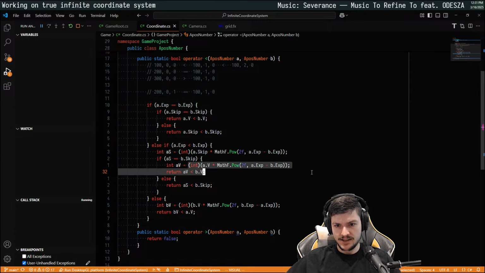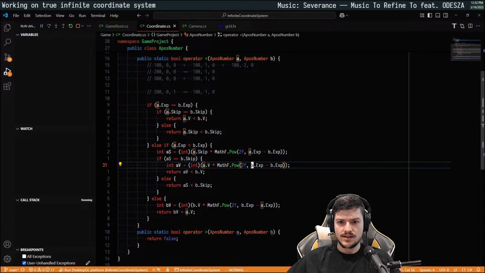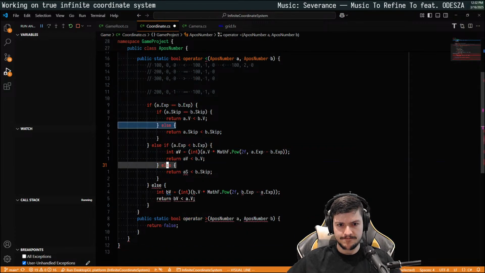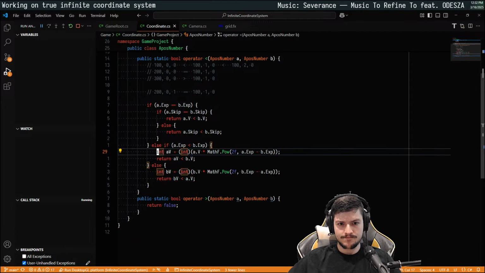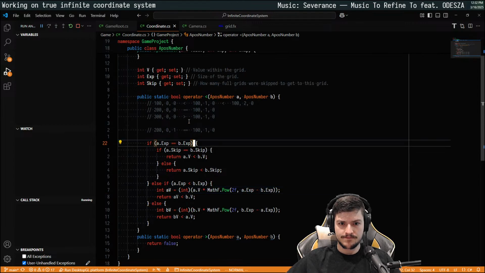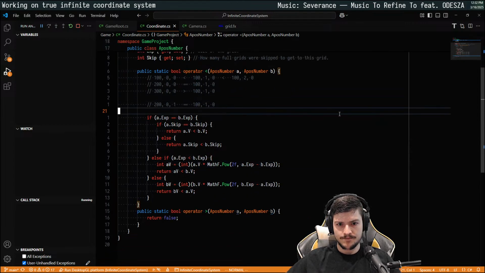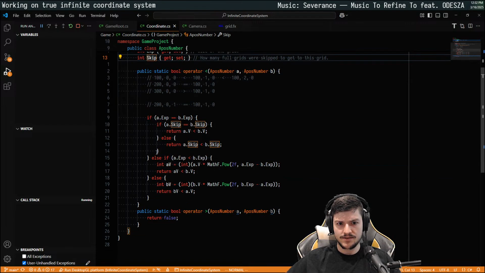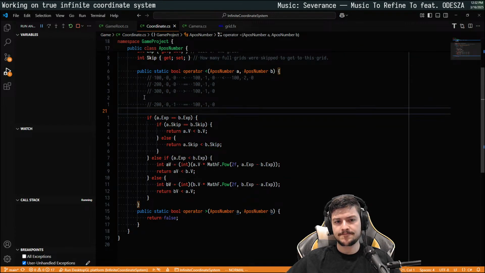I can do this because A is contained within B. Let me just delete all this for now. Okay, this works. But how do I include skip on this side of the map?